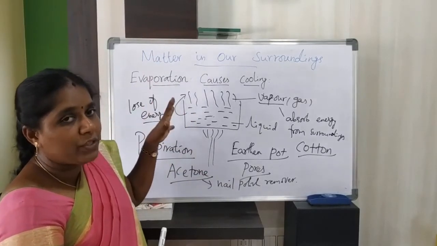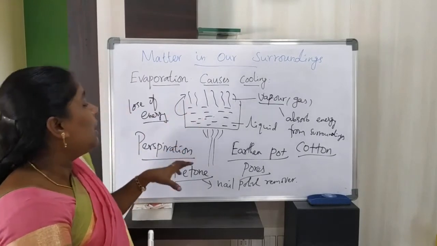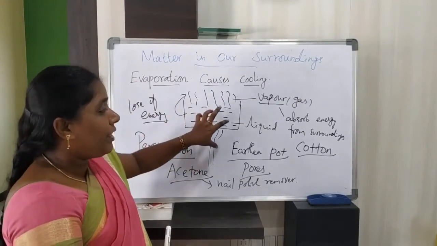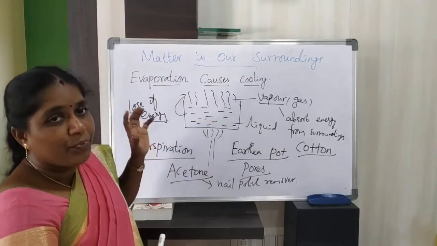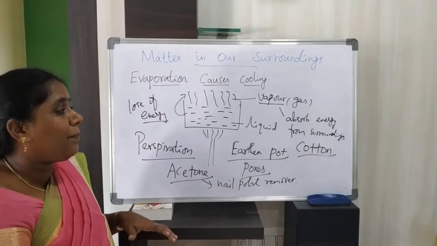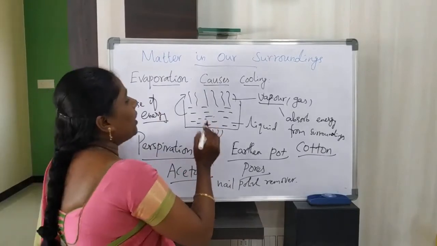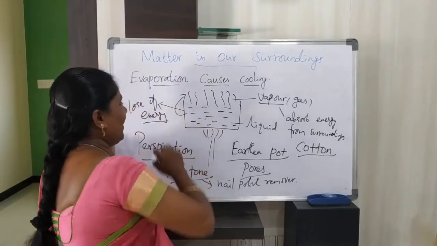During evaporation, liquid particles get converted into vapor particles. So during this process, what happens? The heat energy is lost. During the conversion of liquid into gas, loss of energy takes place.